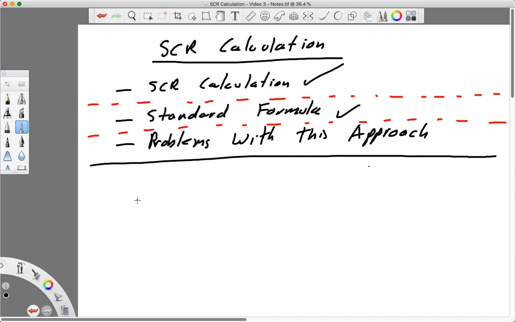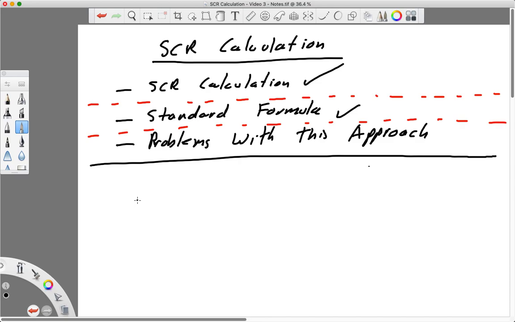Hi everybody, and welcome back to this video, the third one where we're talking about the SCR calculation. So we talked about SCR calculation at a high level, whether or not you use a standard formula or an internal model to calculate your SCR. And then we've talked a little bit about how the standard formula works, so how you're given numbers for the different shocks that apply for different risks.